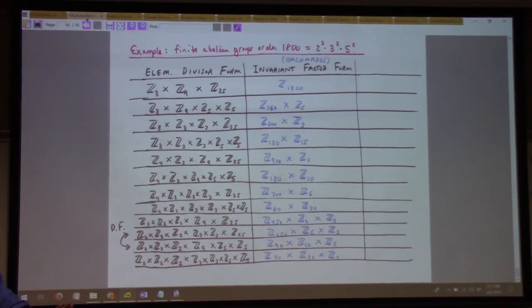You didn't study Curtis, so you can ignore that. The useful thing in this PDF is just this last page, because it collects things together from Dummit and Foote that might be useful to you. These are the different finite abelian groups of order 1800 up to isomorphism, written either in their elementary divisor form or in their invariant factor form. So there's a whole host of examples here.